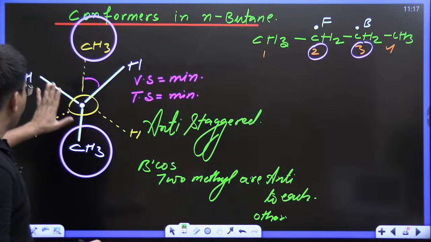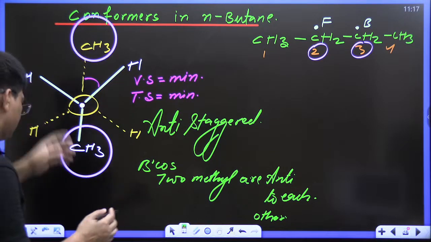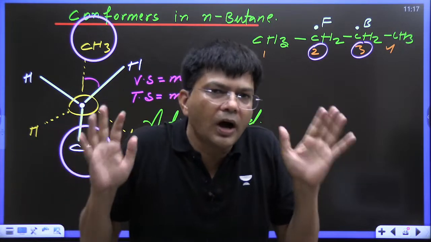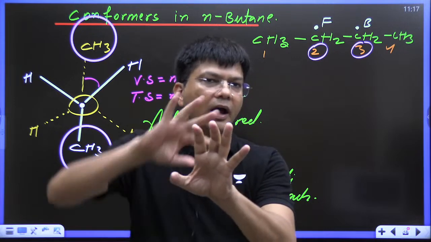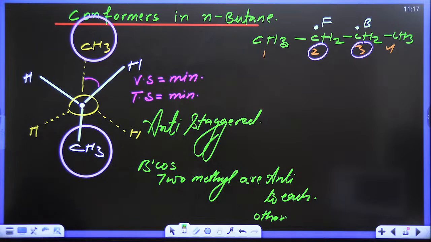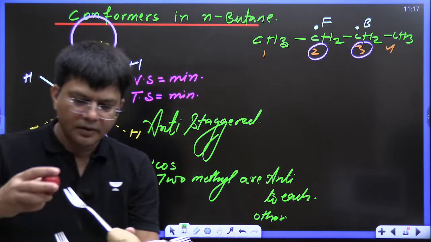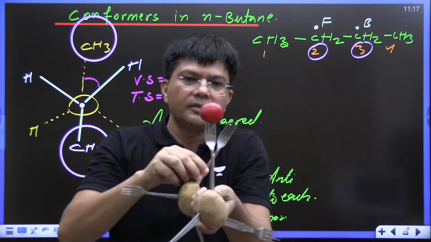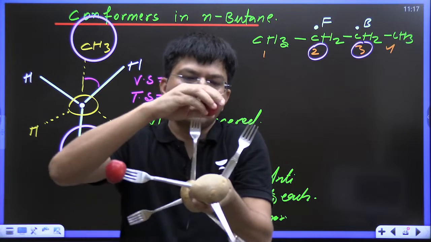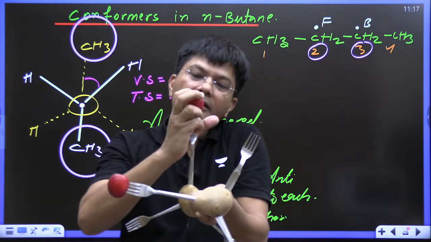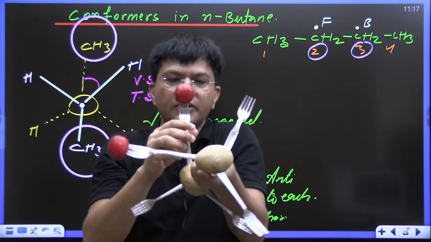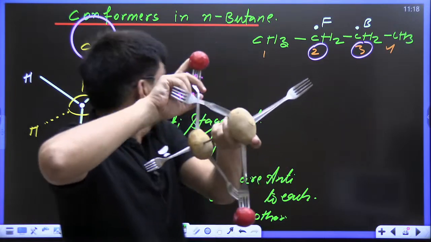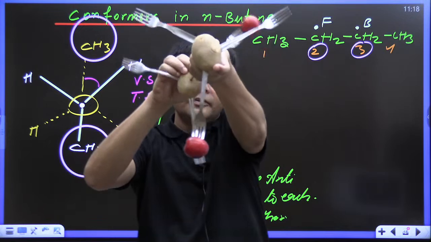Now if I hold the front carbon and start rotating the back one, although front as well as back are both rotating continuously, if I hold the front and rotate the back, just see, this is the methyl, and the back methyl is over here, up, and the front methyl is here.